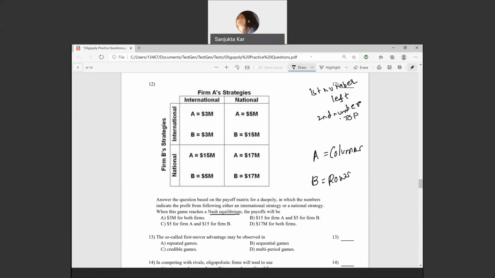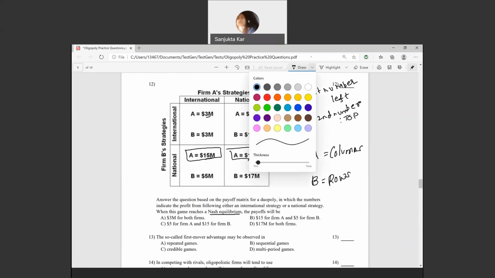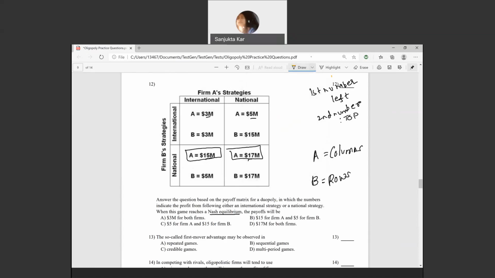So A is 3 here, A is 15 here, definitely going to be choosing 15. 5 here, 17 here, going to be choosing 17. Now look at the rows here. B is 3, B is 15. I'm going to be choosing 15. B is 5, B is 17.